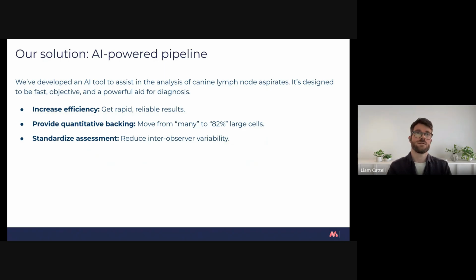By using AI and computational approaches, we're increasing the efficiency, right? You should be able to get rapid, reliable results. We're also providing a quantitative backing. So we're moving from many large lymphocytes seen or many white blood cells seen to being able to give you an exact number.